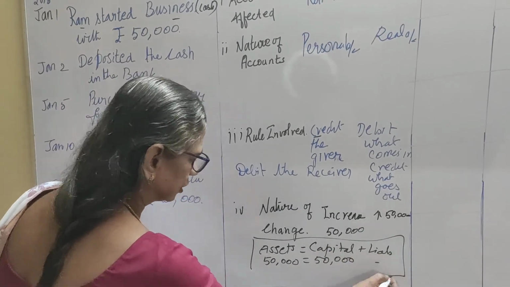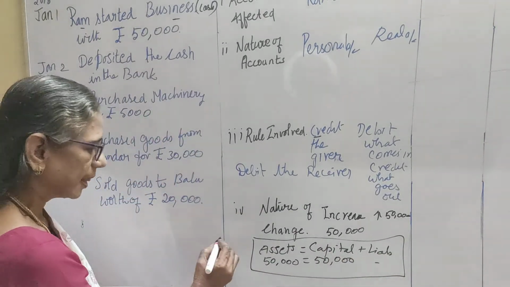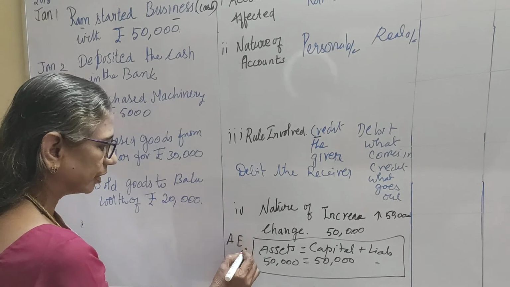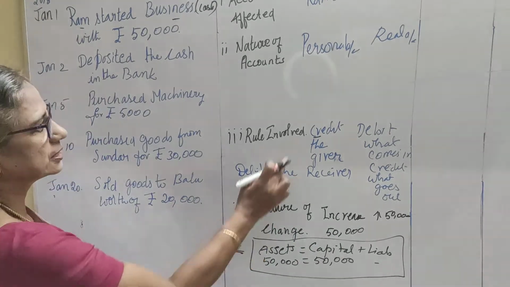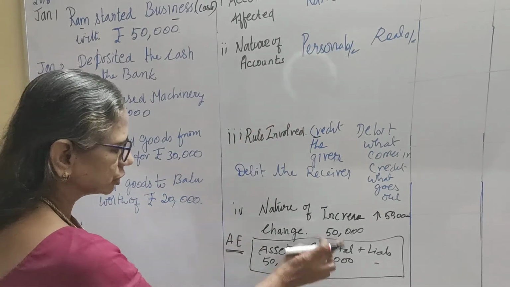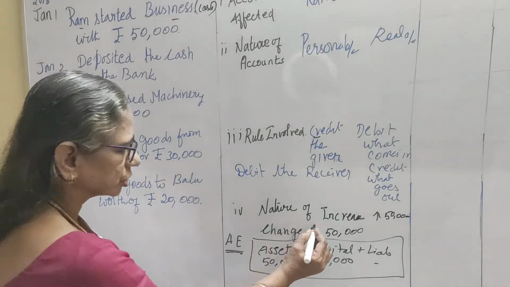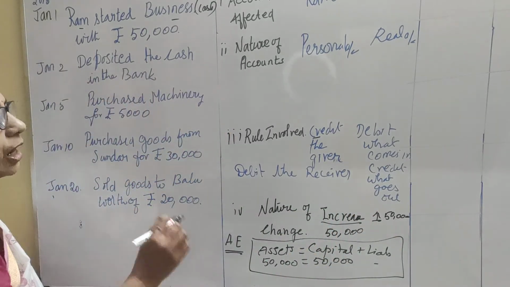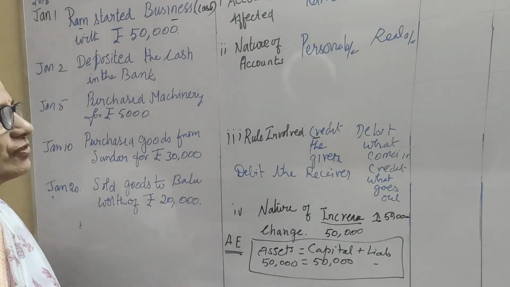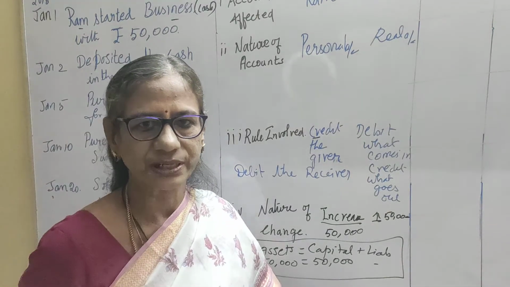No liability here because they are only now starting their business. Both sides increase. Both are increased by this investment of 50,000 in the business.